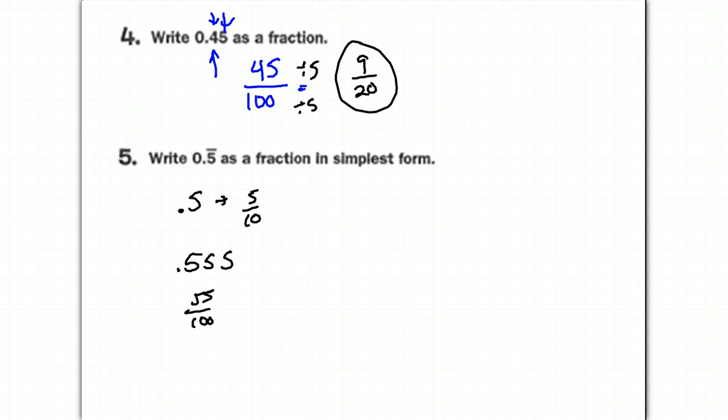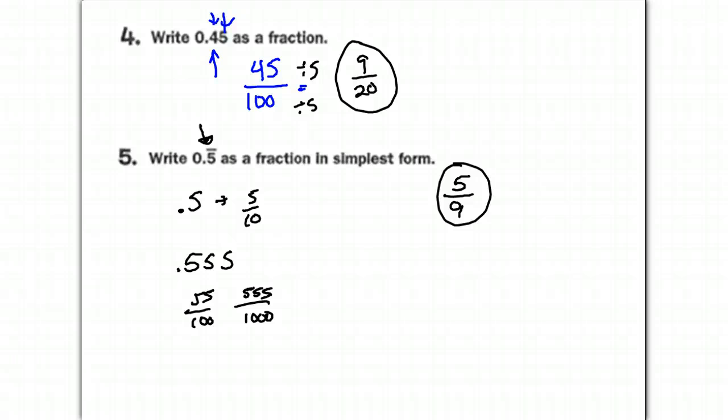But if we add another 5, that would be 555 over 1,000. So we just keep going on. This process doesn't end. So there's a little trick that you can do. If one digit is repeated, you just take that number and put it over 9. So that's 5/9. And I'll talk a little bit more in class about why that works.